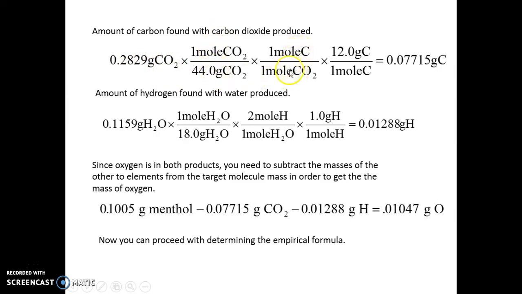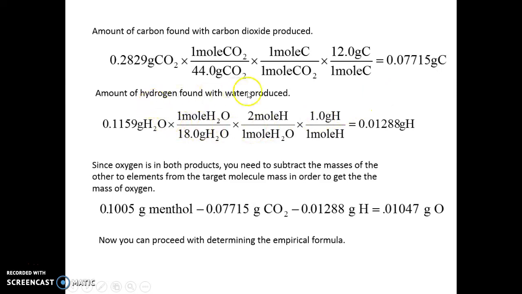Then we're going to convert it into moles of carbon, because remember, it's the carbon that we're really worried about. And once we know moles of carbon, we can get it to grams of carbon. And so now we know this many grams of CO2 was created with 0.07715 grams of carbon. All of this carbon came from the menthol. So now we know how many grams of carbon is in the menthol.